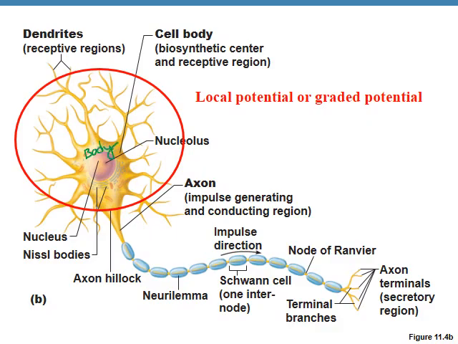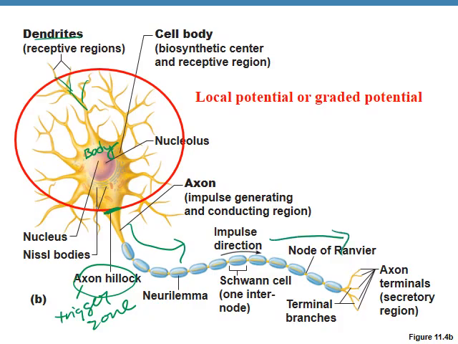We'll talk more about it as we move into the next unit when I add the rest of chapter 11. These are the dendrites. Here is the axon and the axon hillock. This is the trigger zone or threshold. The message goes down the axon to the axon terminals.